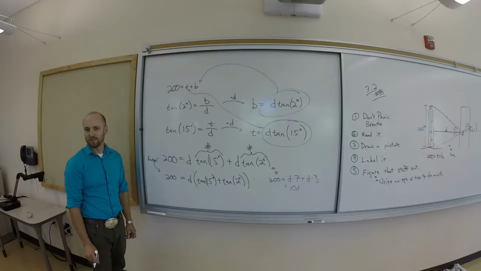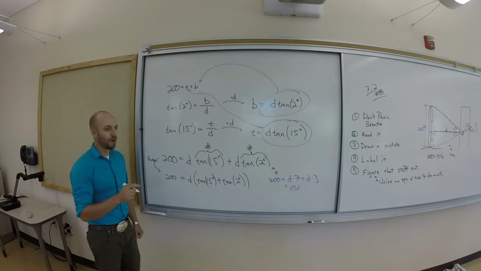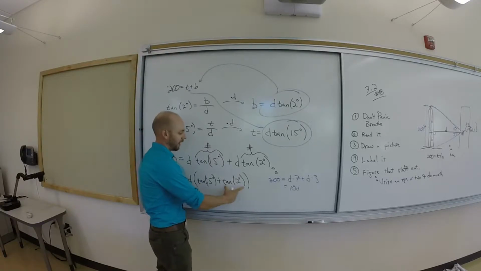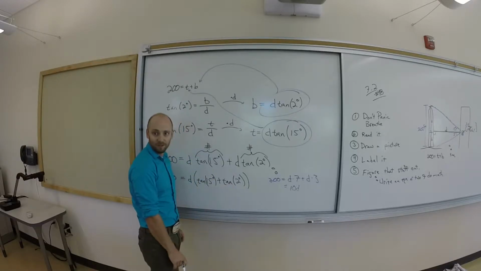You guys see that? Factored out a d from both things. You can't combine the two and make 17 degrees, correct? Okay. So order matters, and the order here is that this thing is all grouped together, so I have to do this first and this first, and then I can add the results. That's not the same as tangent of 17 degrees.